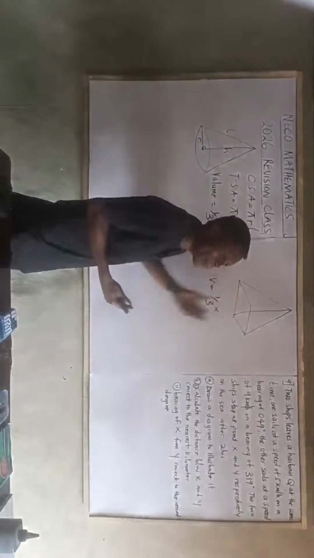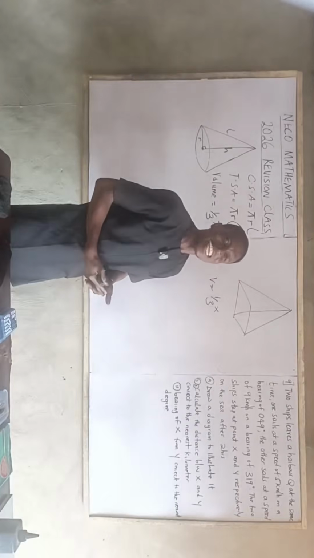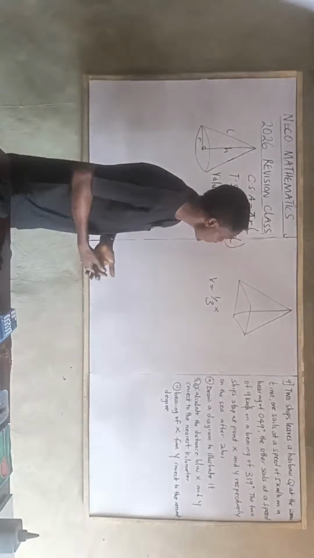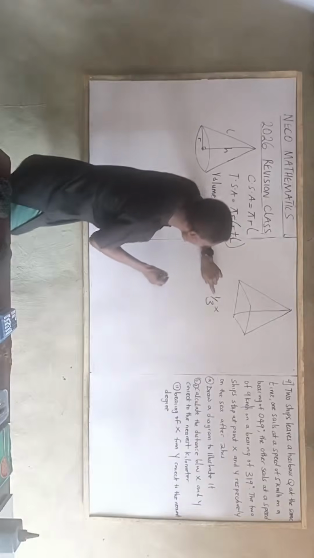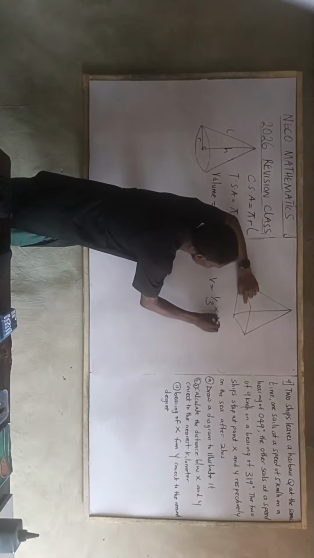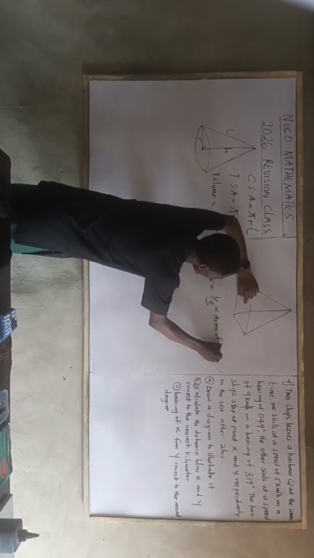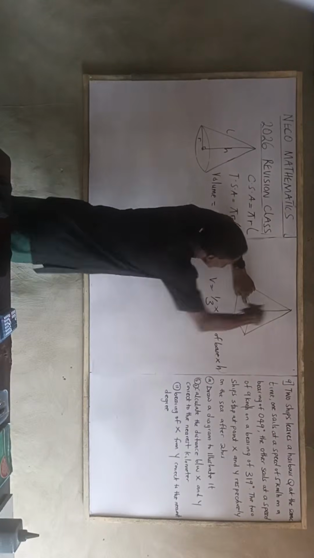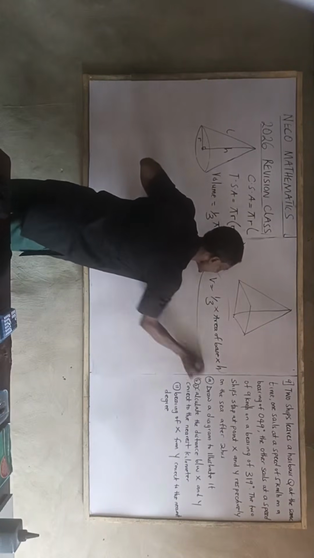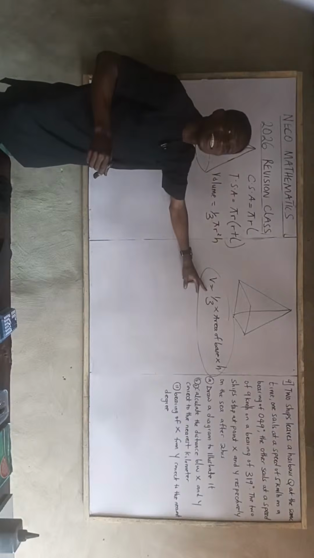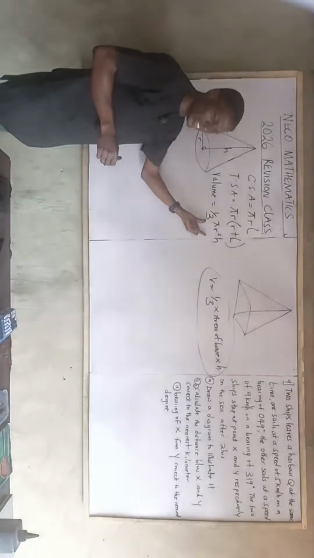So it could be a square base, it could be a rectangular base, it could be a triangular base, it could be however. So the 1/3 times area of the base times its vertical height.